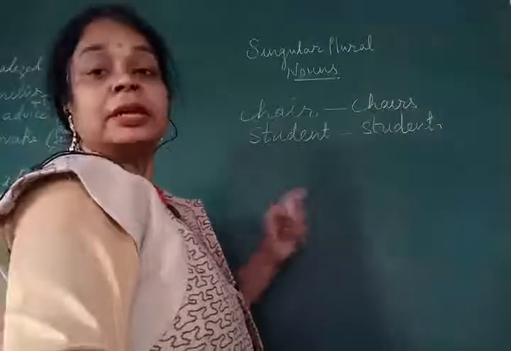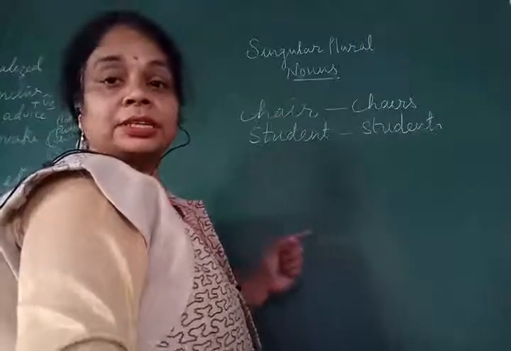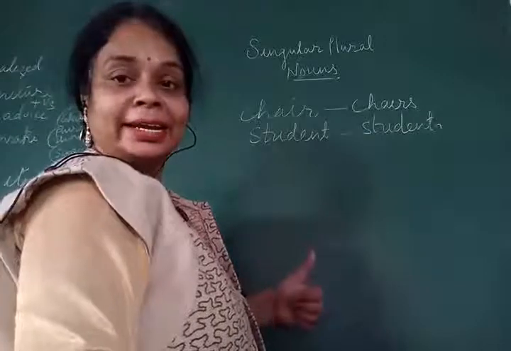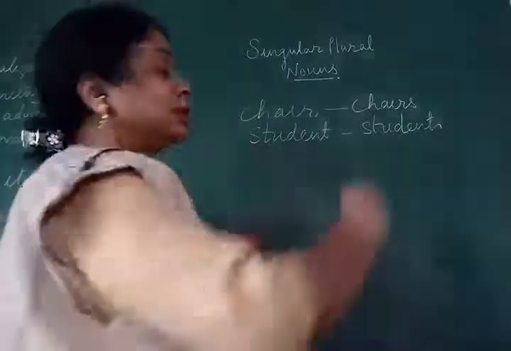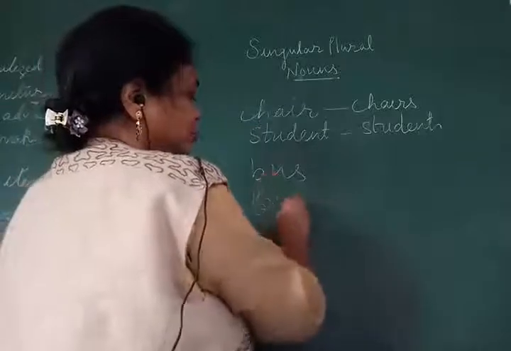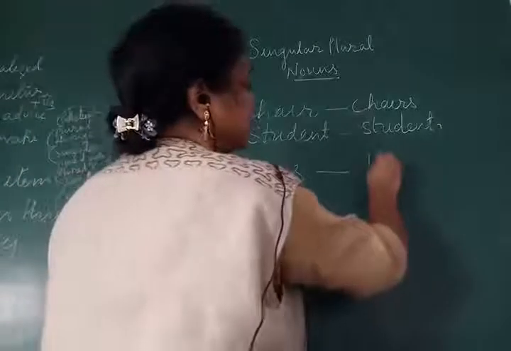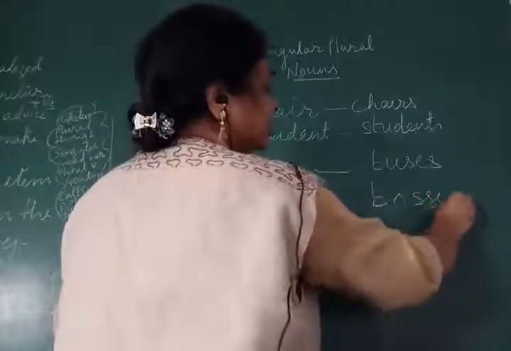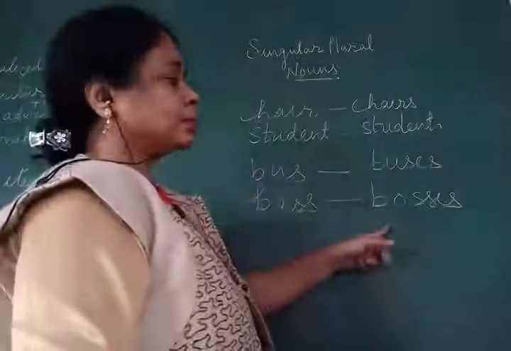But there are few words which already have s or double s at the end. So what to do with them? So if we have words like bus, boss, so we need to add es to change them in plural.